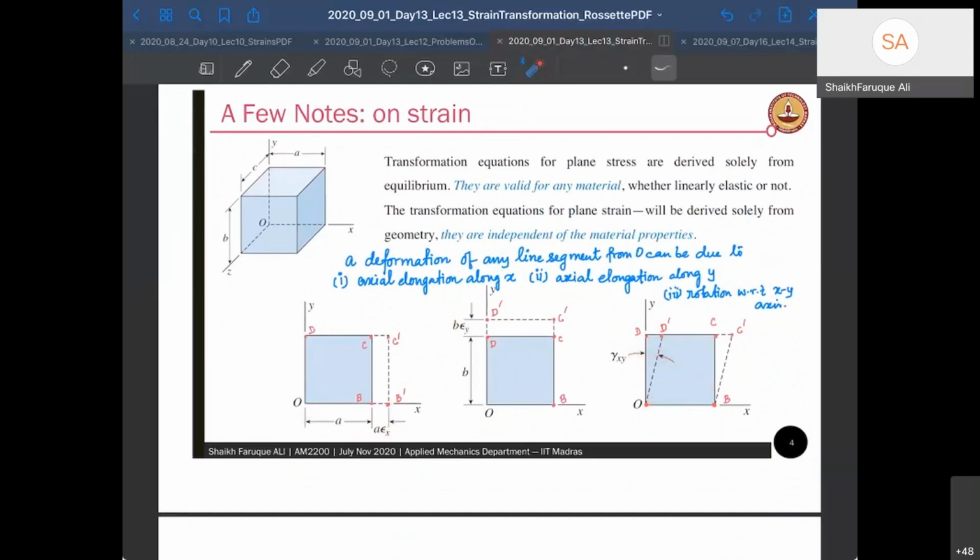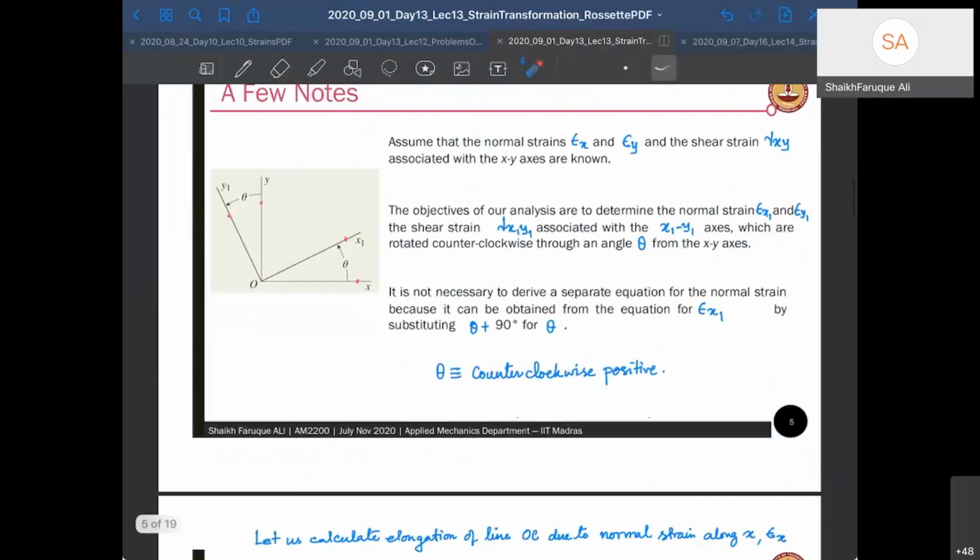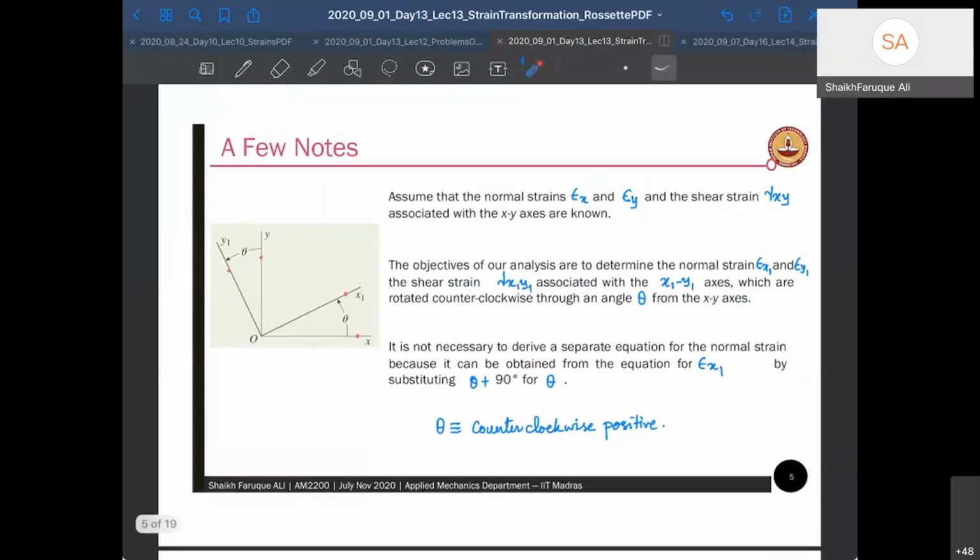Okay. All right. Now let us look at a few definitions, a few things that we need to note. One is that anti-clockwise theta is positive for us, so any rotation that is anti-clockwise is positive. And we know what a positive shear strain and positive normal strain is, right? Positive normal strain is equal to elongation, right?